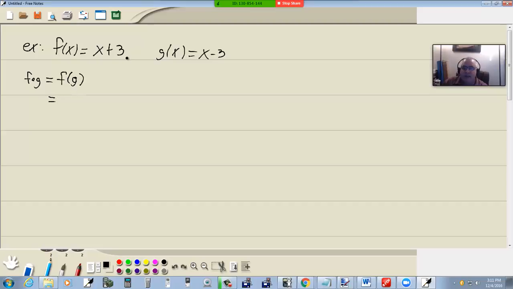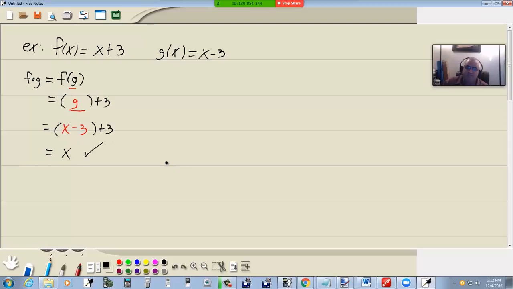So we're going to take our f of x, which is x plus 3, and where our x was, we put in a set of parentheses. Now whatever's inside the parentheses right here is automatically what we'll put in here. So put g in there. But g is equal to x minus 3. And then negative 3 plus 3 cancels and we get x.